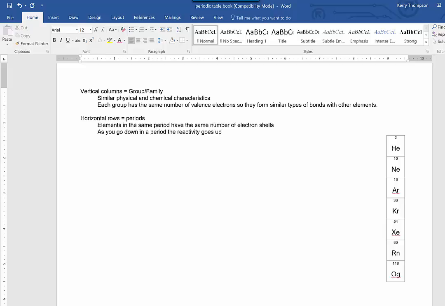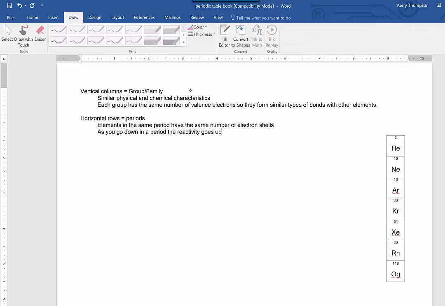Okay, so now we have to add some information on here about this column in particular, this particular group or family. So since I have colored my periodic table on paper pinkish purple, I'm going to quickly do one here too.